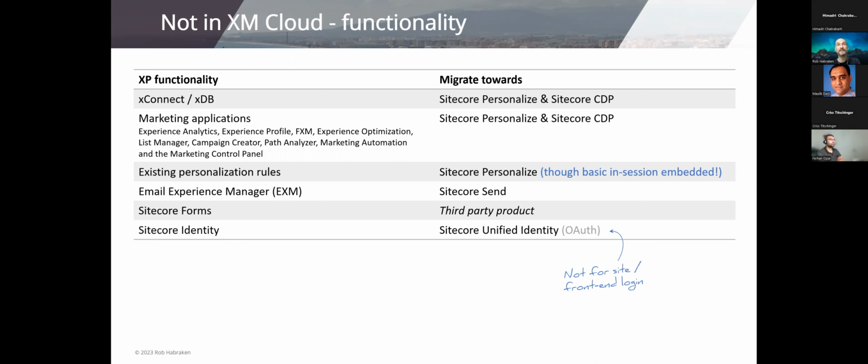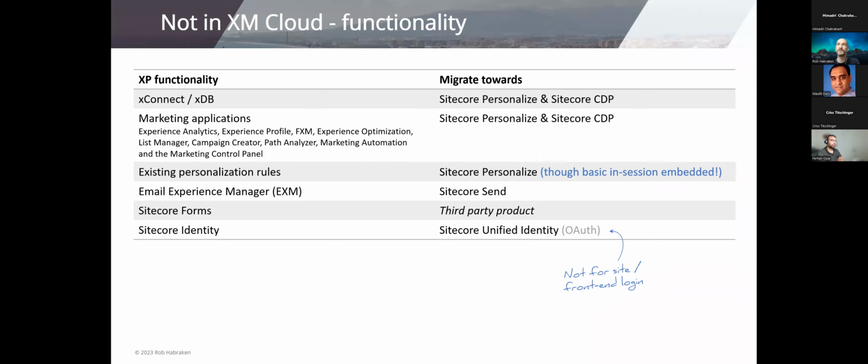The default XM Cloud provisioning actually includes the ability to personalize, and it is the exact same functionality as the separate Personalize product. It's just a subset. So it's the basic in-session personalization with some basic personalization rules, which is probably going to cover most of your needs if you don't have any advanced personalization. So that's actually very cool because you can start right away.